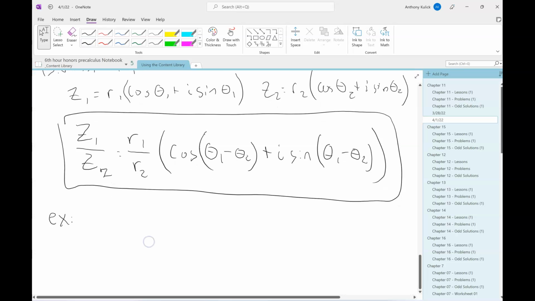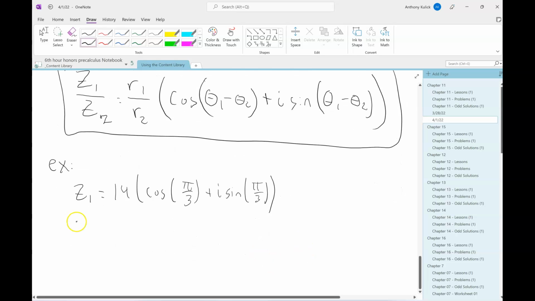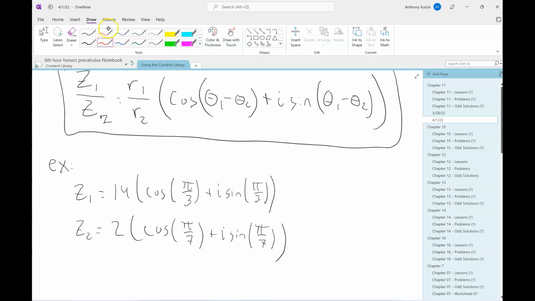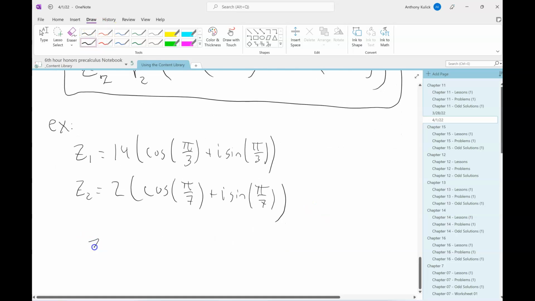So for example, if I had the two complex numbers here, there's my two complex numbers, and I want to do the division of them.